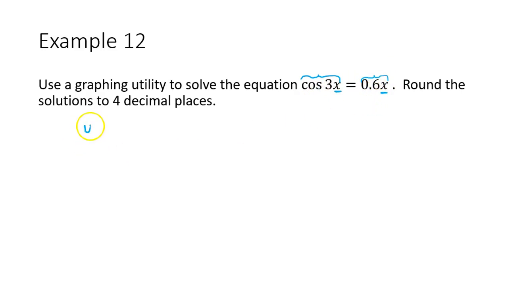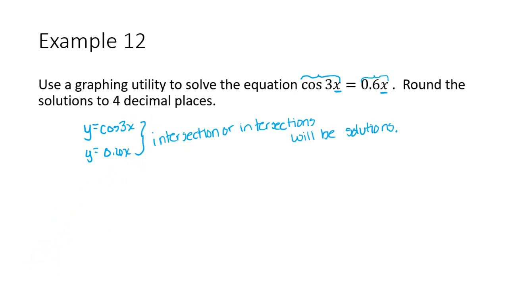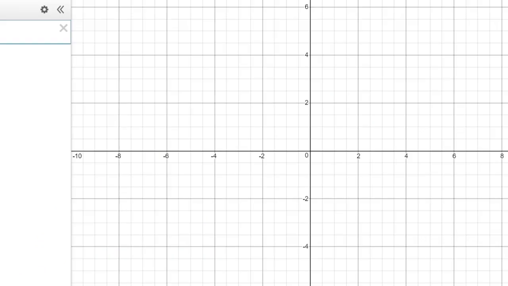And so what I'm going to graph is y is equal to the cosine of 3x, and y is equal to 0.6x. And then the intersections of these 2 graphs will be the solutions to my problem. So let's pull up Desmos and solve this problem here.